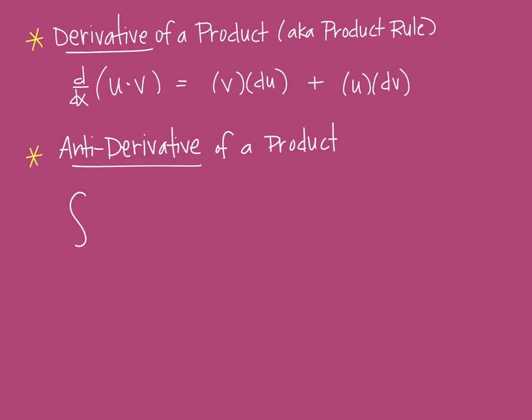All right, so here's how it goes. The antiderivative of u v, and the parts get rearranged this way: v times u, not du, minus the integral of v du.